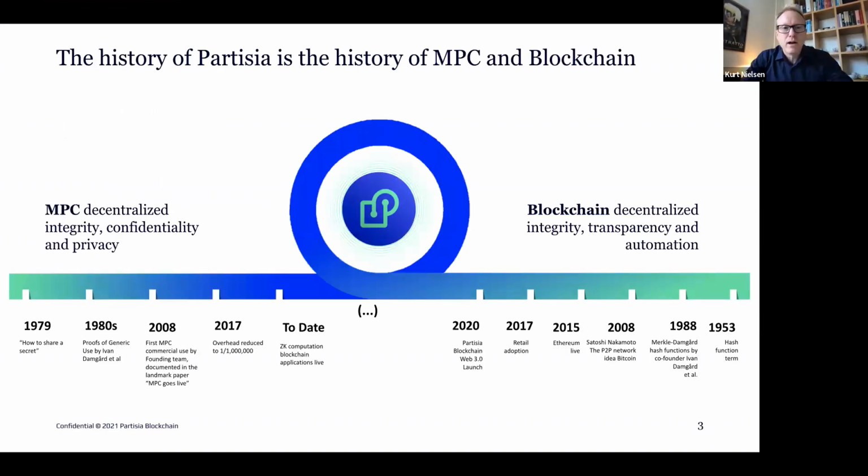So the story about Partisia is really the story about MPC and blockchain, and the whole project is about merging these two technologies. One way to understand that history is actually to look at the team. If you start from the top, we have Ivan Damgård, who's well known in cryptography for many years, not least due to his early results in the 80s.